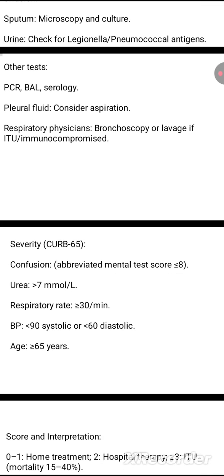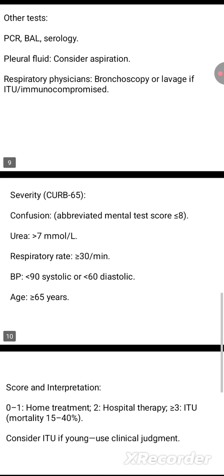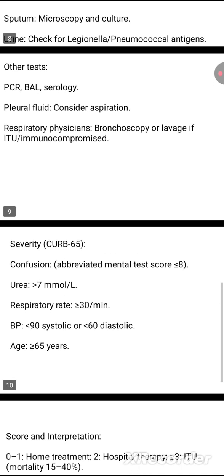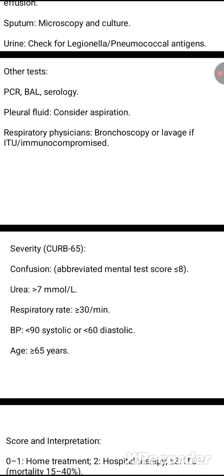Other tests are the polymerase chain reaction, BAL, and also serology. Pleural fluid can be aspirated and also studied, MCS. Then a respiratory physician should be seen if bronchoscopy or lavage is needed.